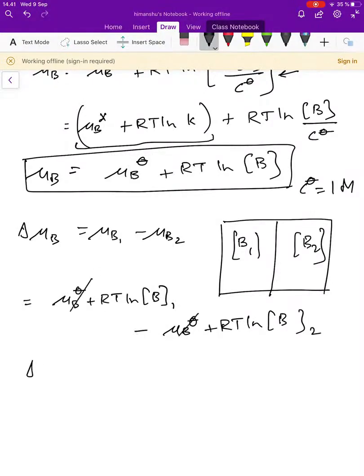These terms cancel out and we eventually get delta mu, and now I'm removing the subscript, B is equal to RT log of the ratio of the concentrations in the two compartments.